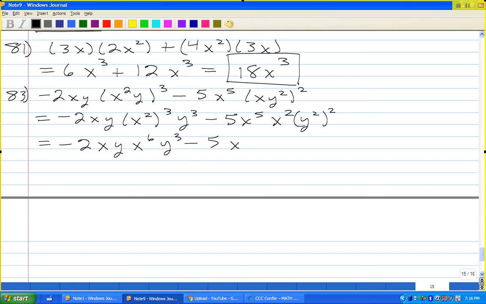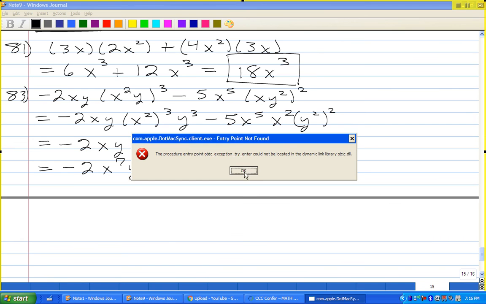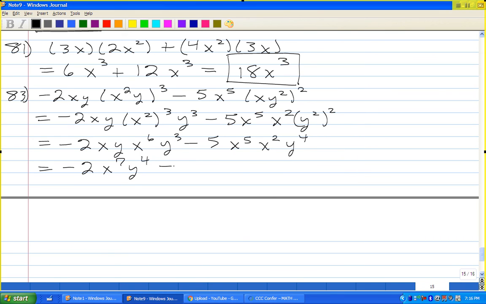Minus 5x to the 5th times x squared. 2 times 2 is 4. So I have a negative 2. I have the same base, I multiply, so add exponents. 1 plus 6 is 7. I have the same base, I'm multiplying, so add exponents. 1 plus 3 is 4.